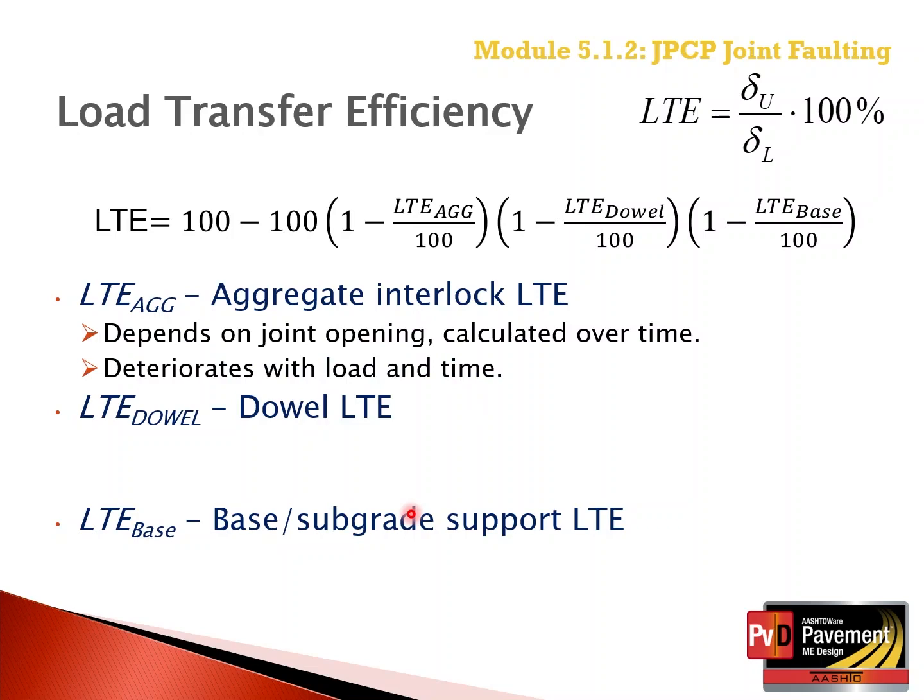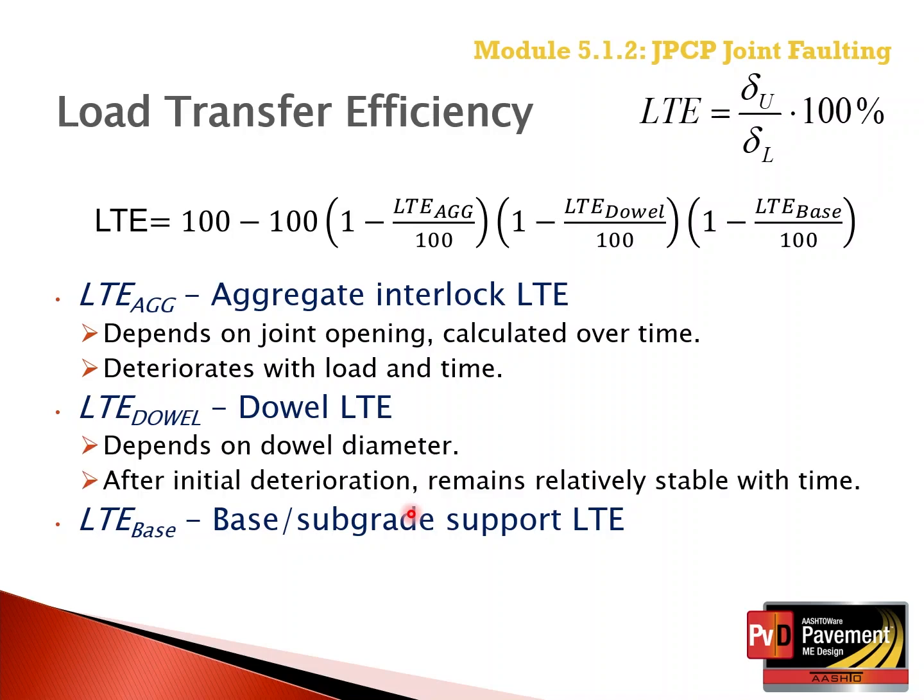The load transfer efficiency from the aggregate interlock depends on the joint opening or width, and it deteriorates with the application of wheel loads throughout the design period. The load transfer efficiency from the use of dowels depends on the dowel diameter and spacing.